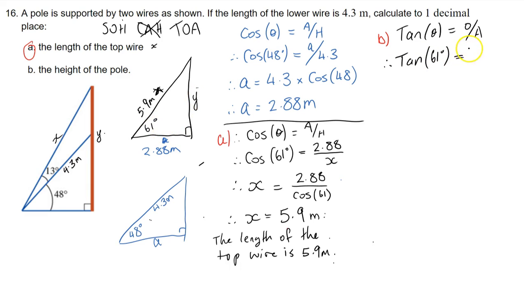Okay, my opposite is y. My adjacent is 2.88. And my variable's on the top, it's being divided by 2.88, so the opposite of that is timesing by 2.88. Okay, and then I just need my calculator.